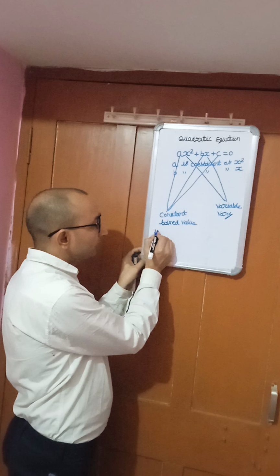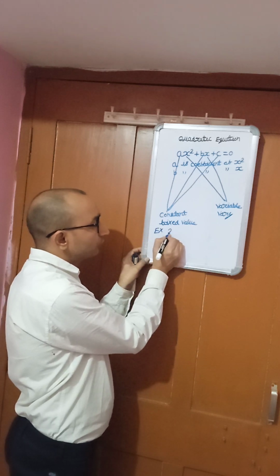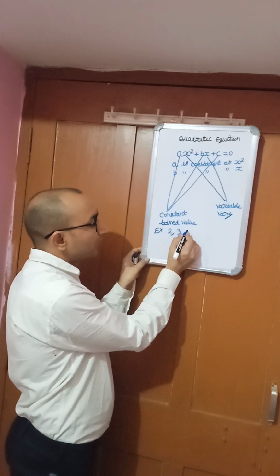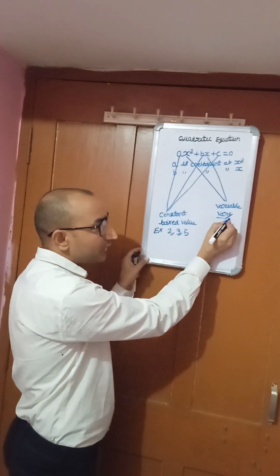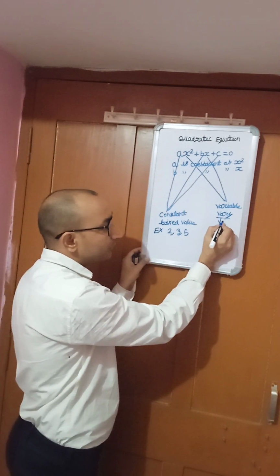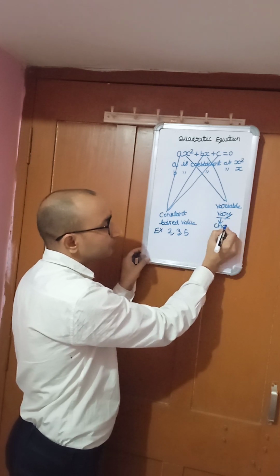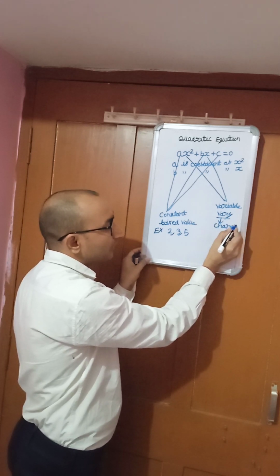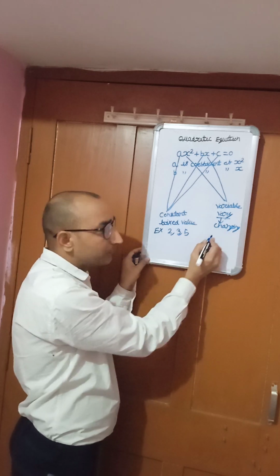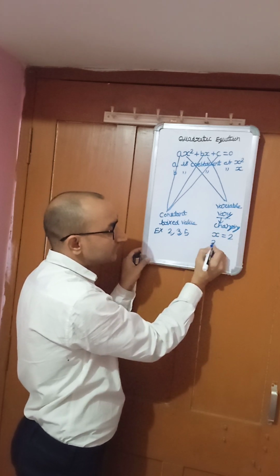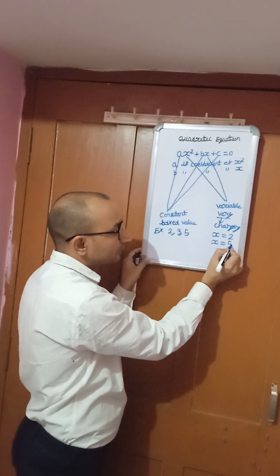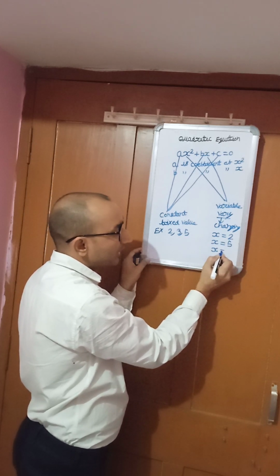Here, for example, 2, 3, 5 are fixed. But variable means changing. For example, x equals to 2, x equals to 5, x equals to minus 4.